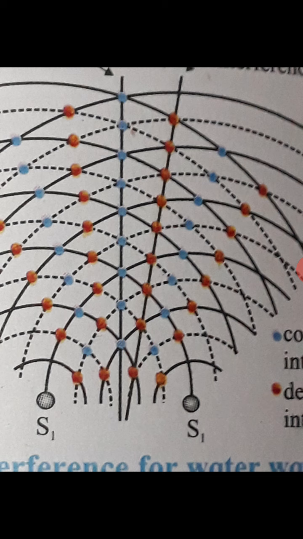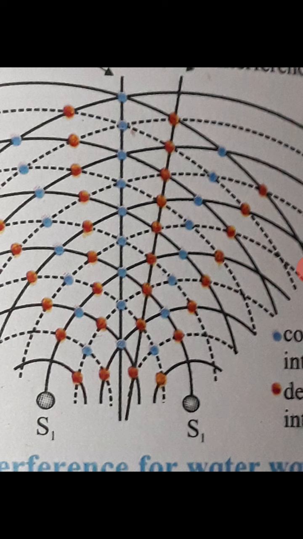So if there is maximum amplitude, the intensity will be maximum. And the red spot tells you the minimum intensity, meaning minimum amplitude. This is the interference pattern in the case of water waves.